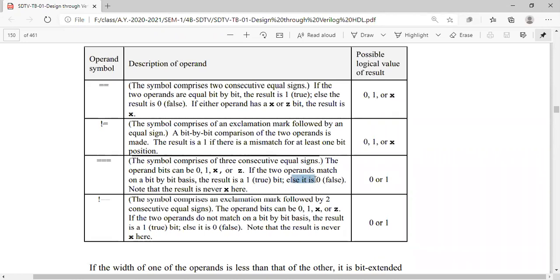If A of 0 is some 1 and B of 0 is some X, it is going to be 0.